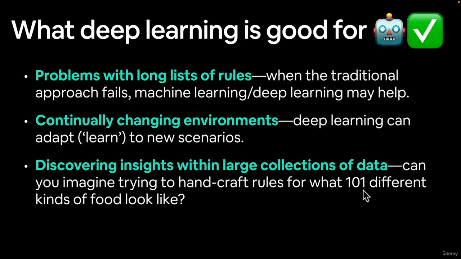It'd be so long. You need rule sets for every single one. Let's just take one food, for example. How do you write a program to tell what a banana looks like? You'd have to code what a banana looks like, but not only a banana, what everything that isn't a banana looks like. So keep this in mind. What deep learning is good for: problems with long lists of rules, continually changing environments, or discovering insights within large collections of data.